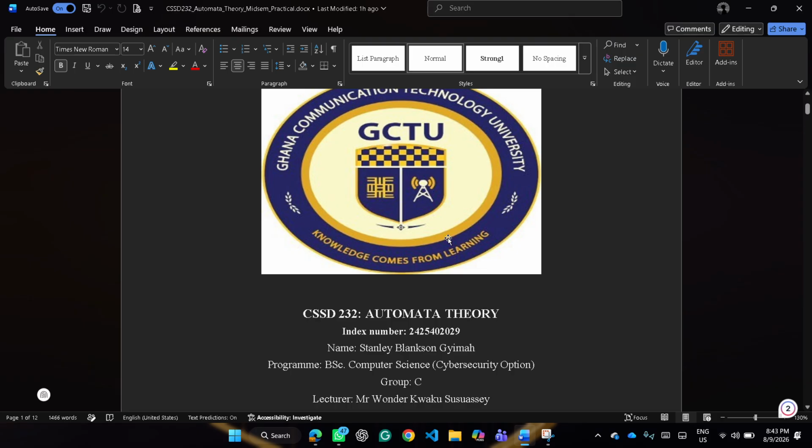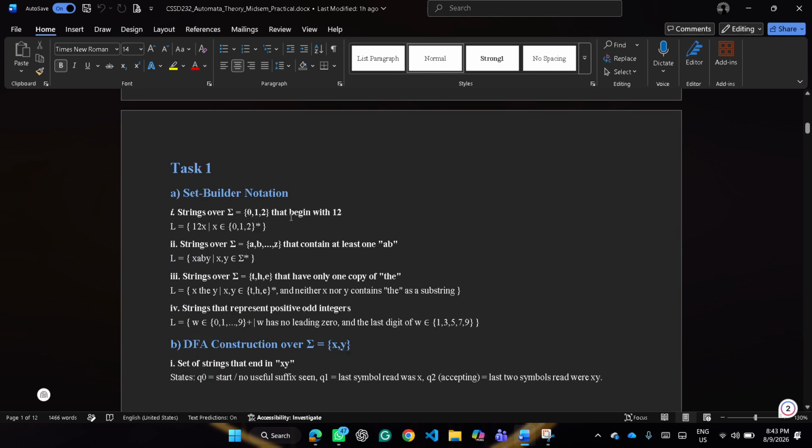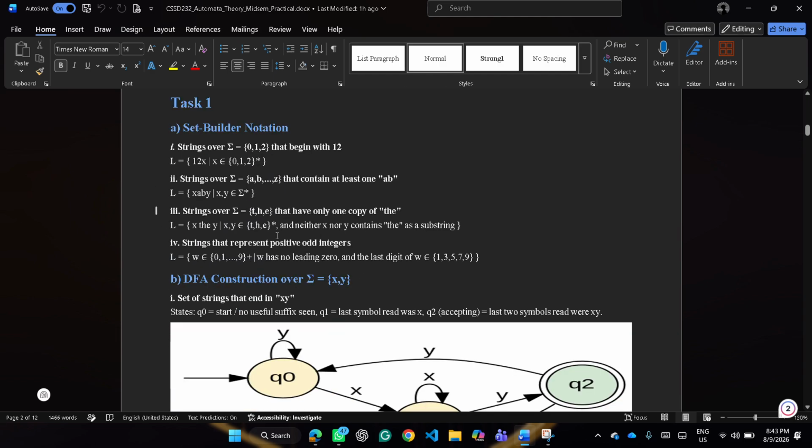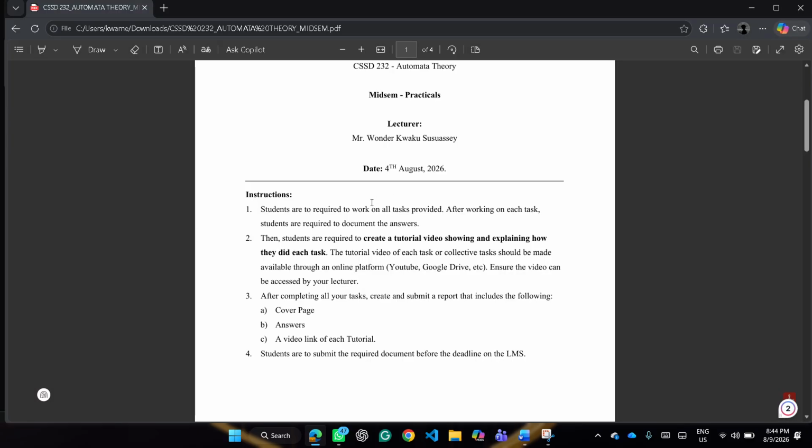Without wasting time, let's jump into the technical know-how of how machines compute. Machine computation is also a concern in computer science as well as cybersecurity. Let me get the question so that we understand what we are trying to do.